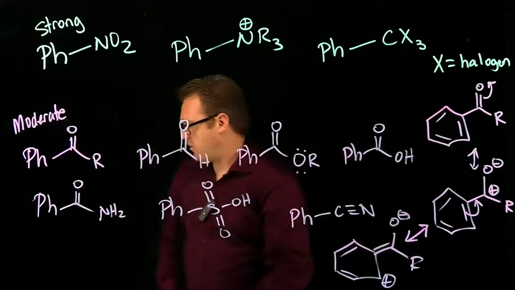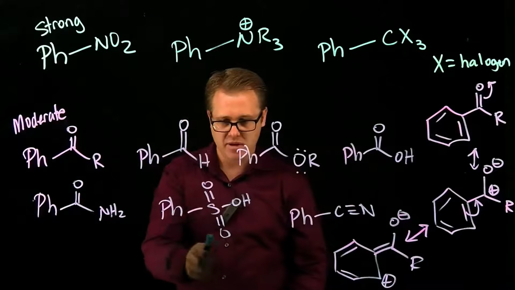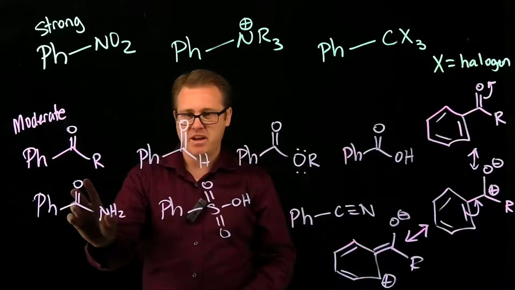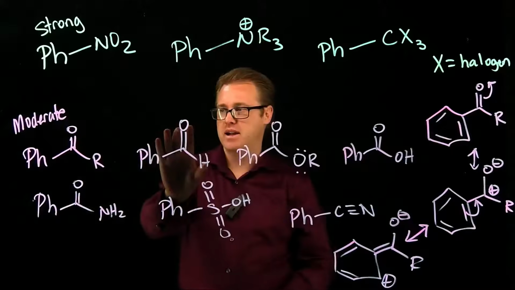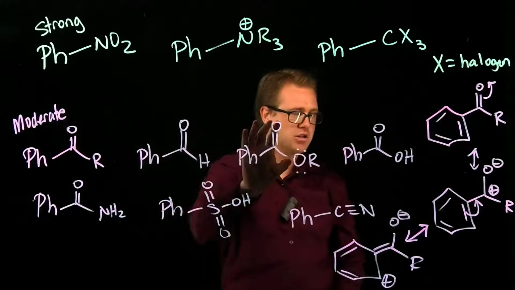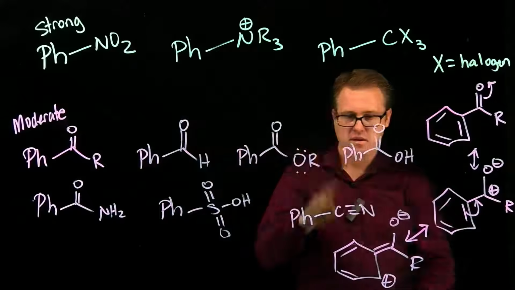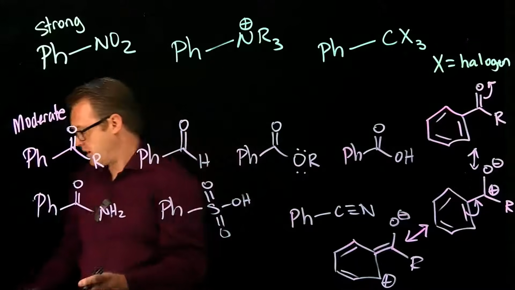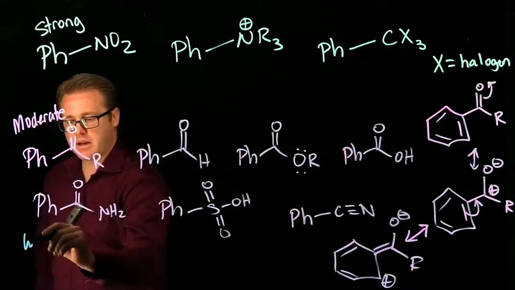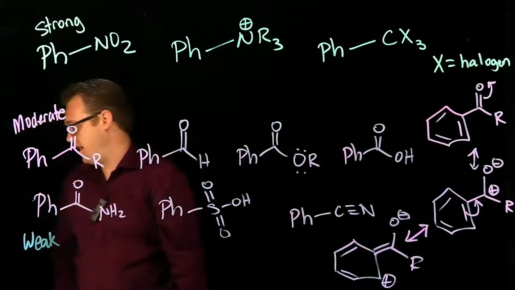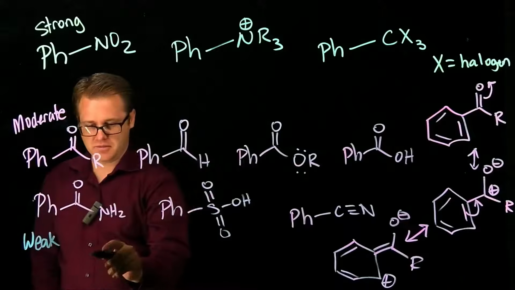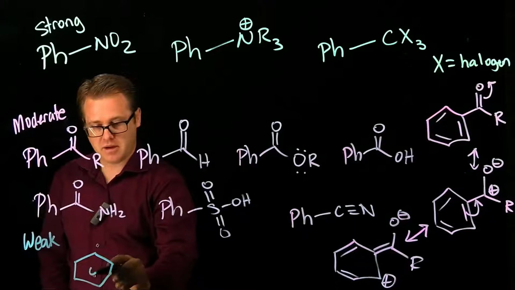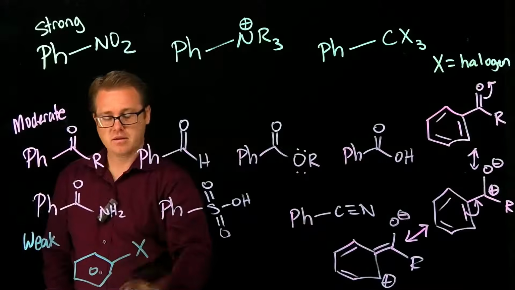Look at this one. When you look at this guy right here, what's this group? That's the sulfonyl group. Amides, aldehydes, ketones, esters, carboxylic acids, nitriles, they're all moderately deactivating. So what are some examples of some weak deactivators? And those would be the halogens that are directly attached to the benzene ring. Okay.